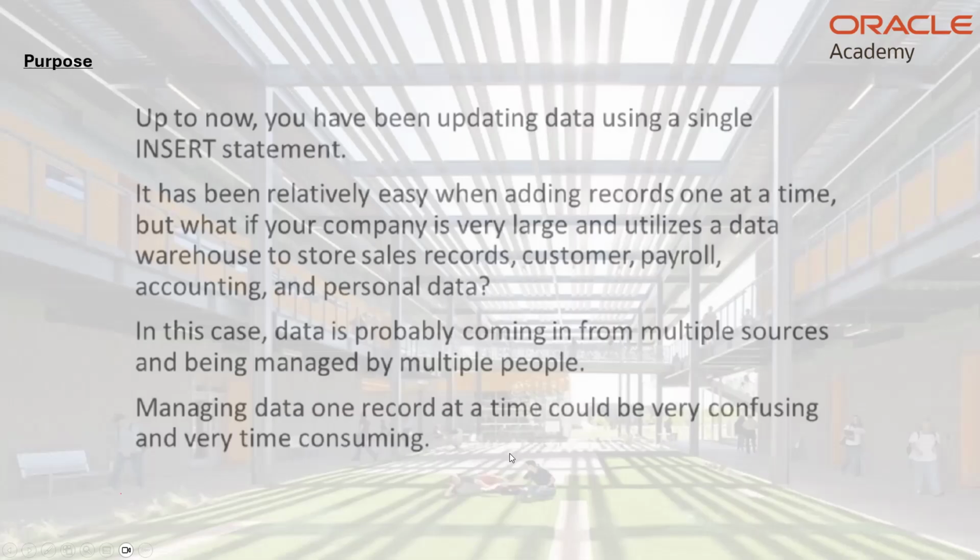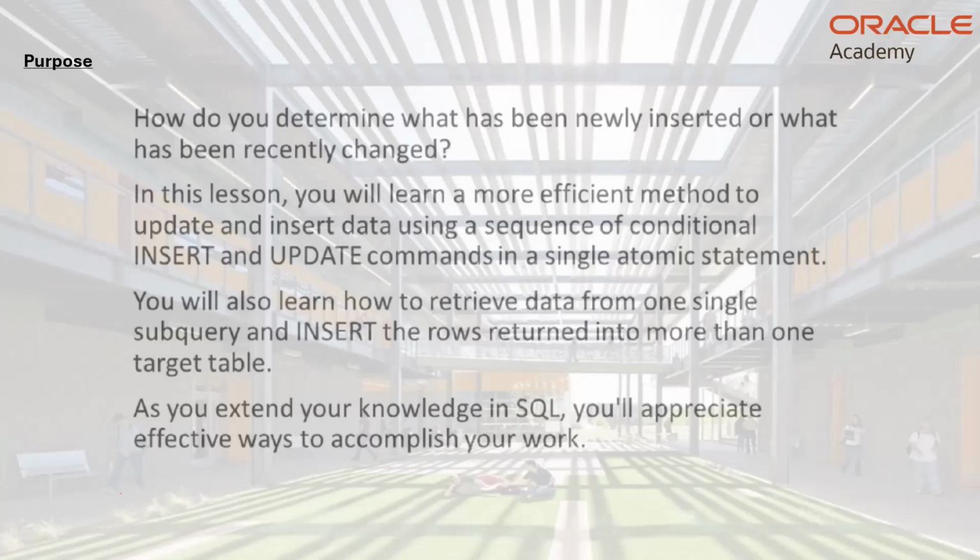In essence, if you're in a DBA situation, especially with the speed of databases now, there's really no need to clump a lot of this together. It's probably best to be very careful with data without being so expedient that you're making mistakes. So how do you determine what has been newly inserted or what has been recently changed?